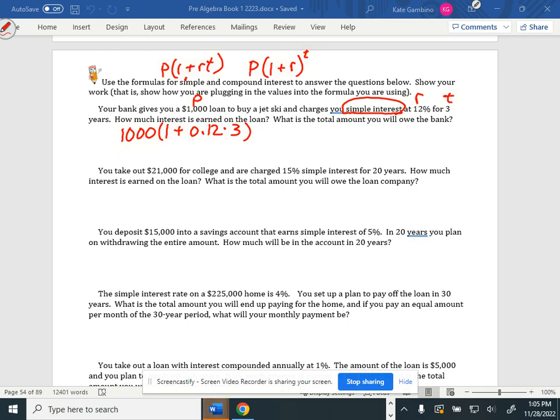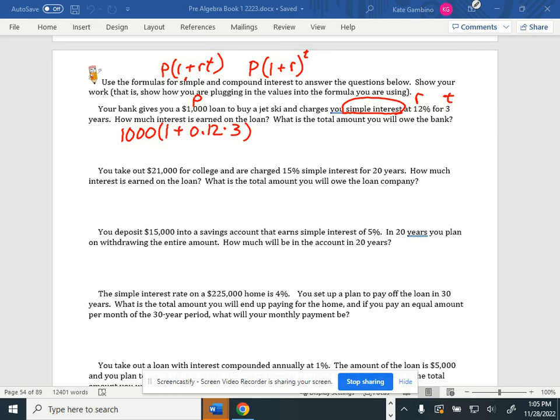What's my first thing I do inside the parentheses, Evelyn? I'm going to multiply and then add it to 1. If you plug it into your calculator, you would do 1,000 parentheses 1 plus 0.12 times 3 parentheses. And what would you get?